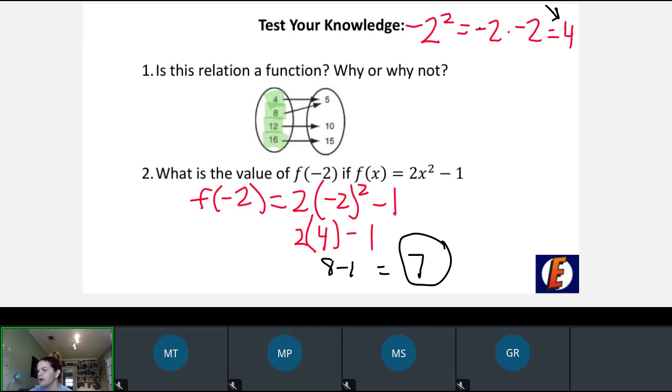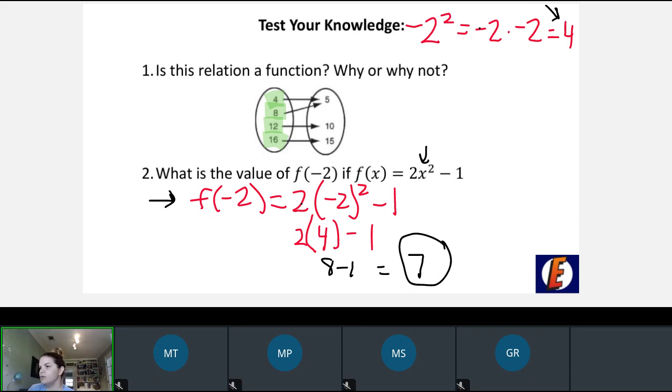Okay, so the way that I got 7, take a look at this first line right here. I plugged in -2 for x. So I'd get 2 parentheses -2 squared minus 1. When we plug something in or we substitute a number in, we always want to put it in parentheses.